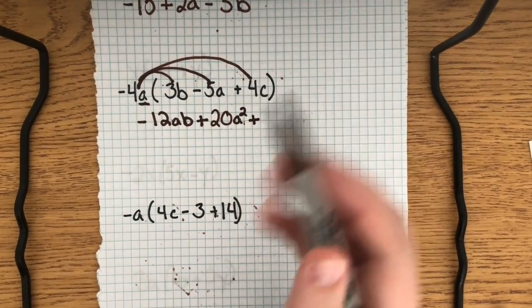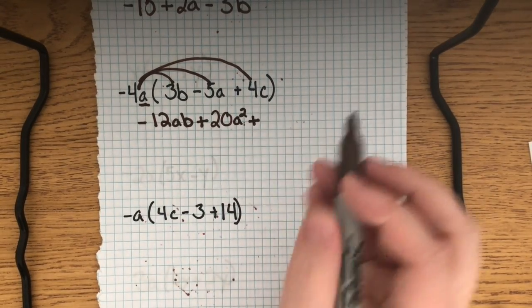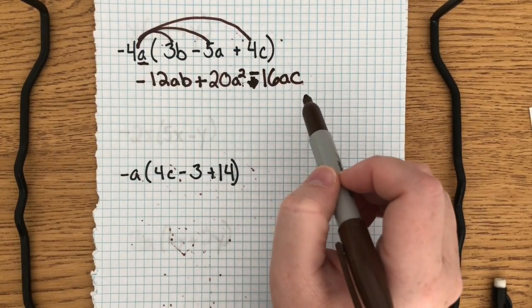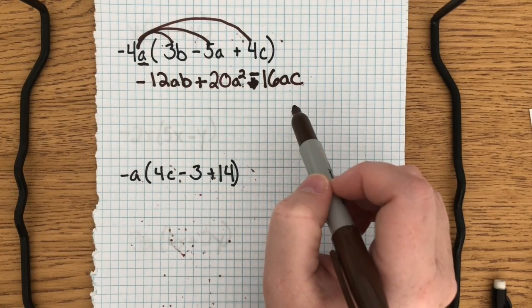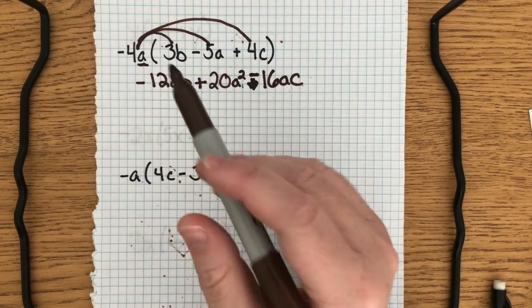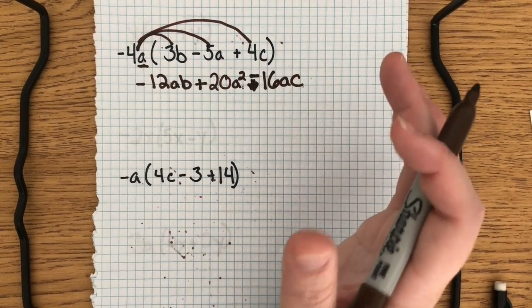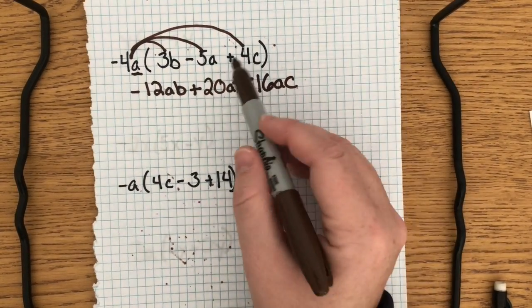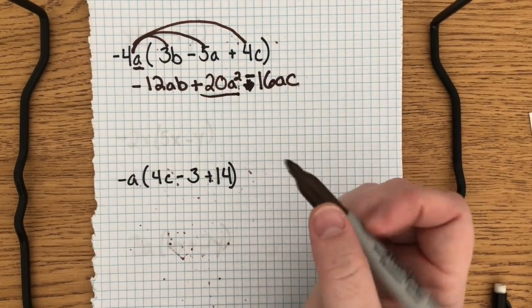Now on to the third term. -4a times 4c. Going to give me -16ac. I do not have like terms. You can keep it this way. Now, there's another thing that once we get into algebra, it will dictate that you put this term in the front because you have squaring.